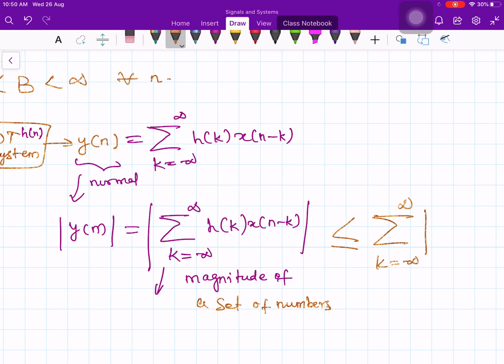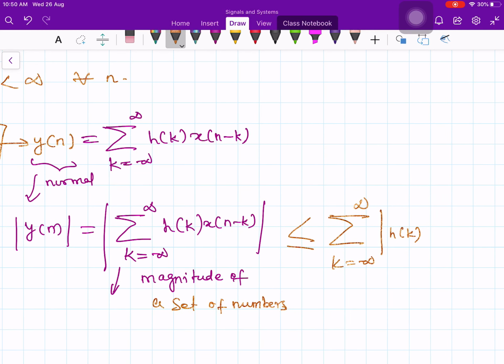Basically h of k times x of n minus k are the numbers, right? That's fine. For the previous example we got 13 here and 19 there, therefore that is what it is always less than.